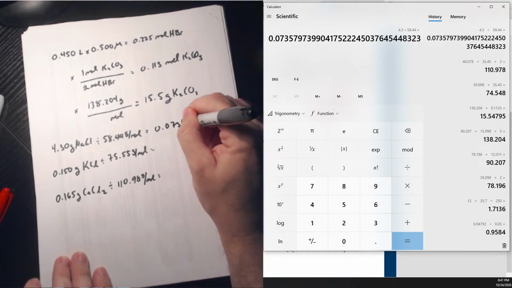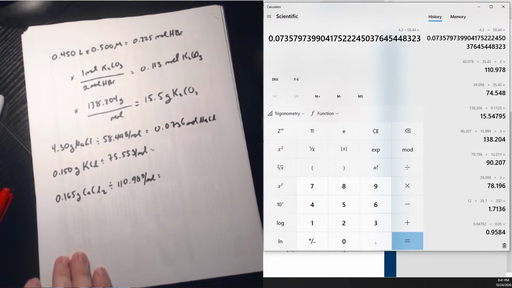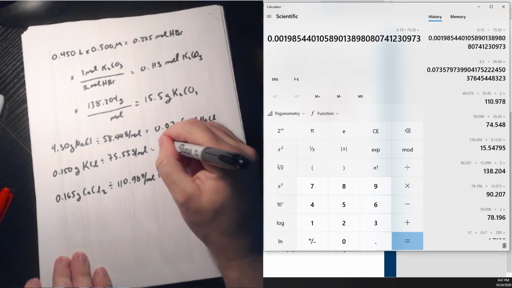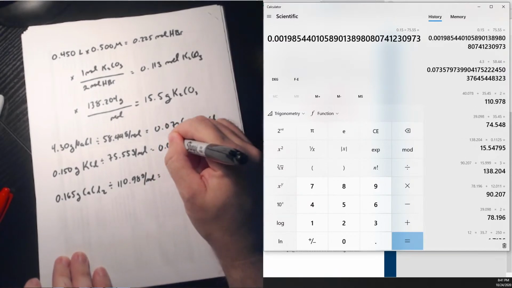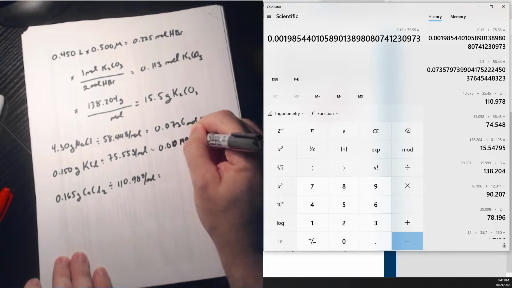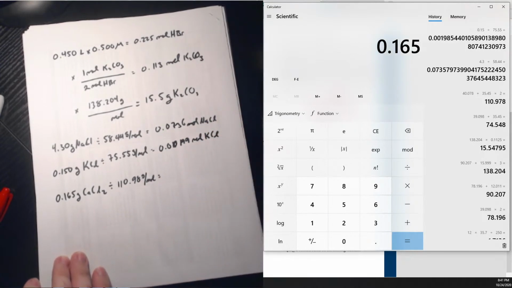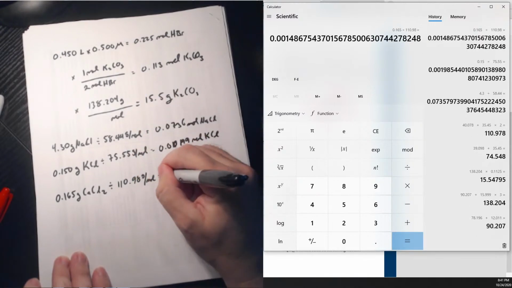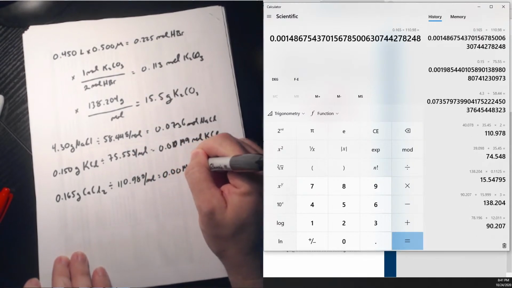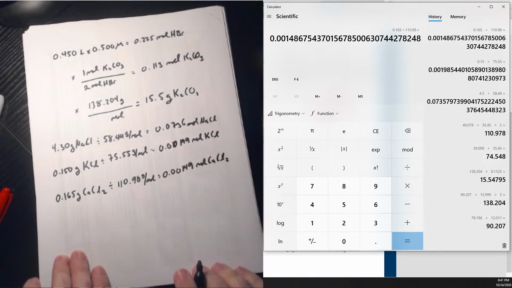is 0.0736 moles of NaCl. 0.15 divided by 75.55 is 0.00199 moles of KCl. And 0.165 divided by 110.98 is 0.00149 moles of calcium chloride.